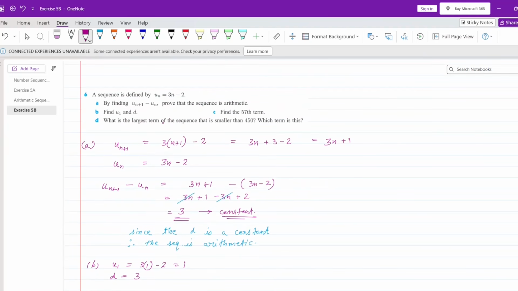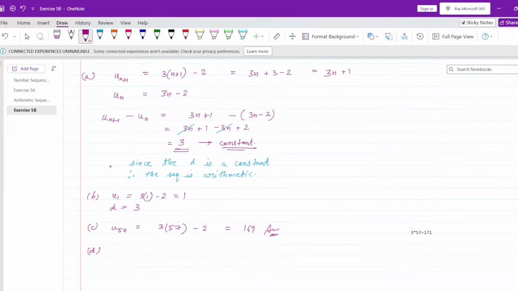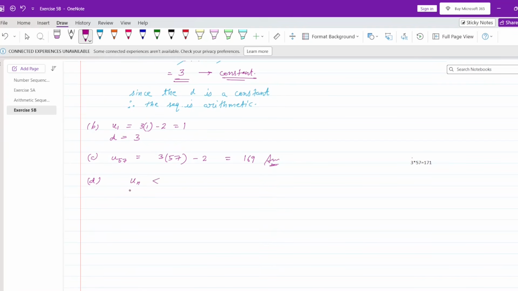What is the largest term of the sequence that is smaller than 450? Which term is this? So the largest term less than 450, we have to find that term first, and then we need to calculate the value of n. So we know un is u1 plus n minus 1 times d, and that should be less than 450. u1 is 1, n minus 1, d is 3.